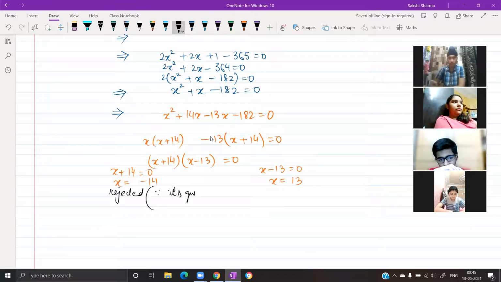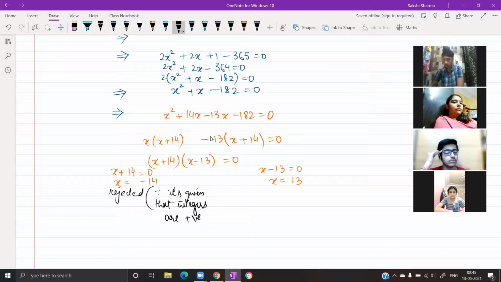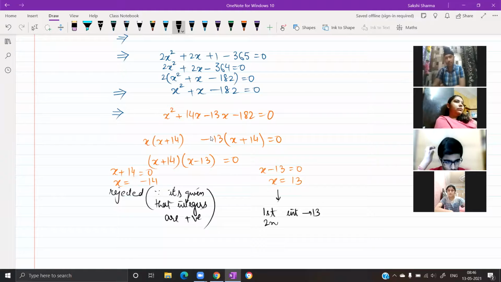It is not required to indicate this in the exam, just for you to remember why we rejected this value. So there is only one possibility: the first positive integer is 13 and the second integer is 14, which is 13 plus 1. Since we are taking consecutive integers, the next one will be 13 plus 1.